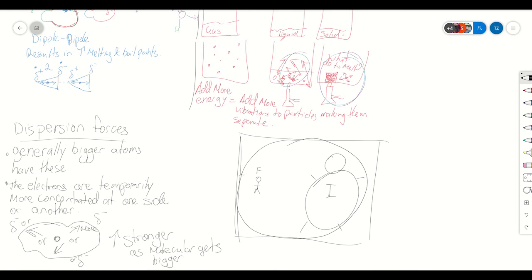Who do you think is going to be harder to move around? Iodine, because it's really big and heavy. So as he gets more mass or more weight, it's going to be harder to move him around. If it's harder to move around, what does that do to our melting points and boiling points?